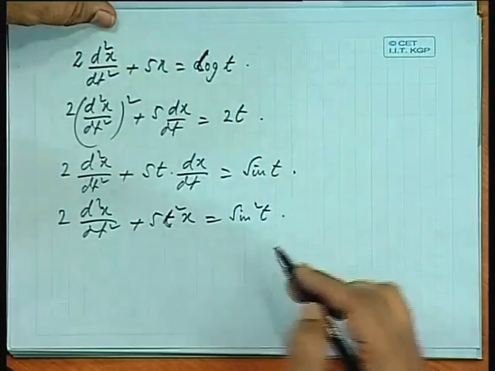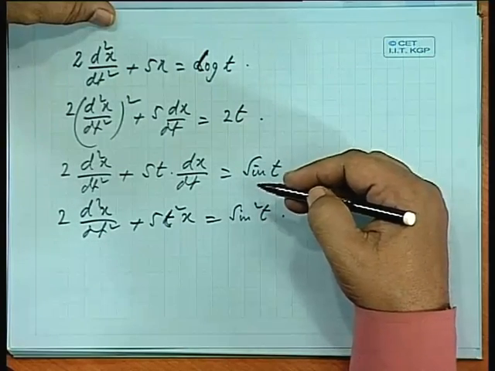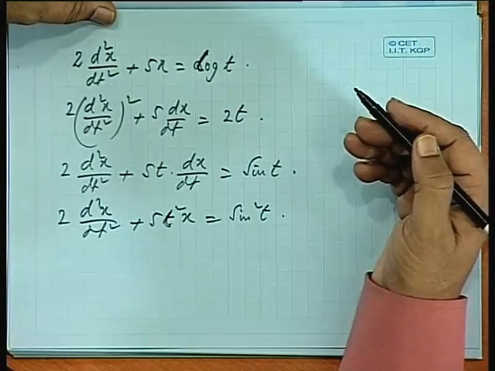Now, which one or which ones are linear systems?